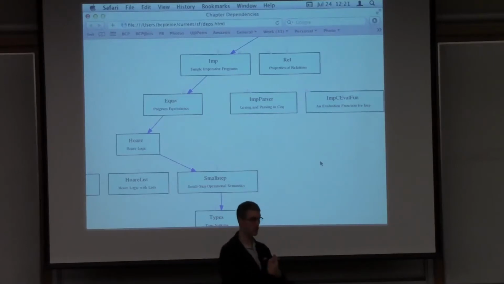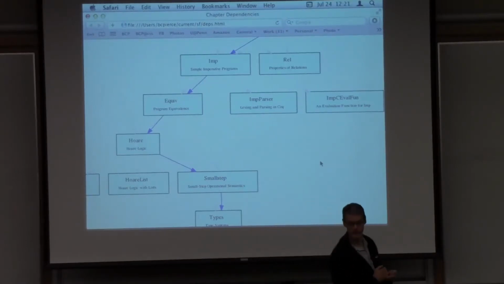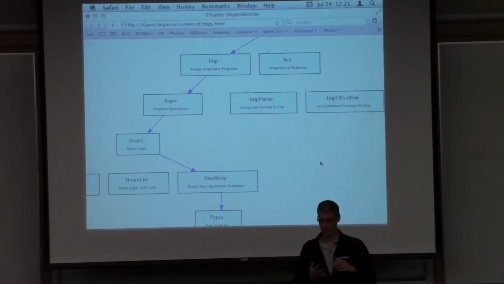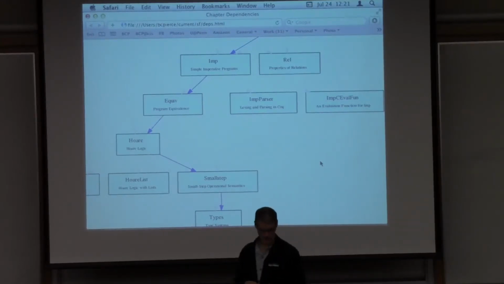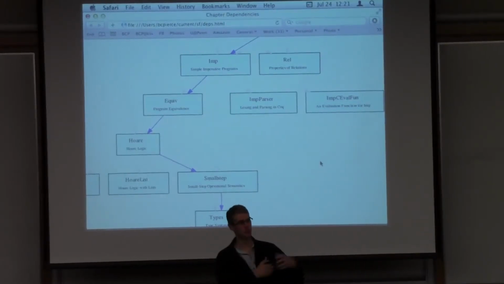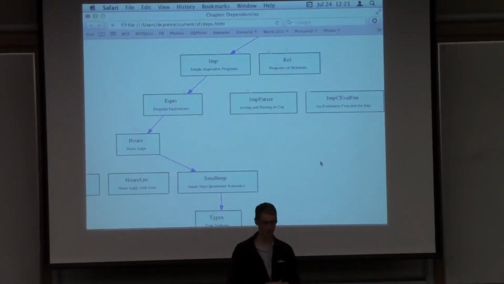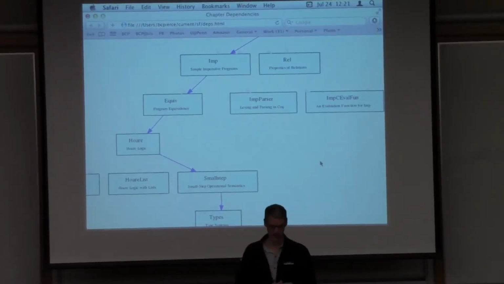We would talk about program equivalences and then define Hoare logic for IMP. There are even a couple of optional topics there. You can extend IMP with lists, and then you have some more interesting programs to do Hoare logic proofs about, and so on. I'm going to completely ignore all of that, but now you know it's there, in case you want to have a look yourselves.